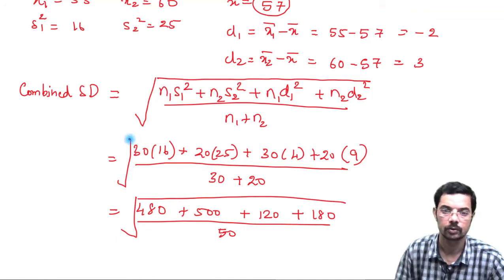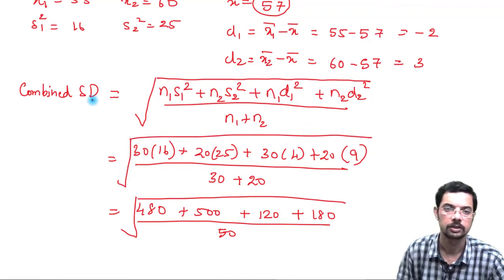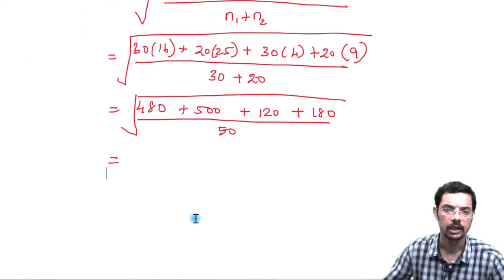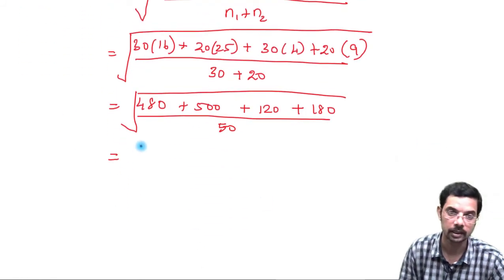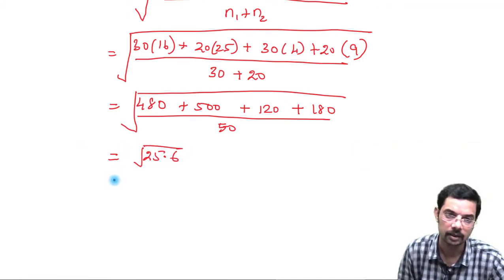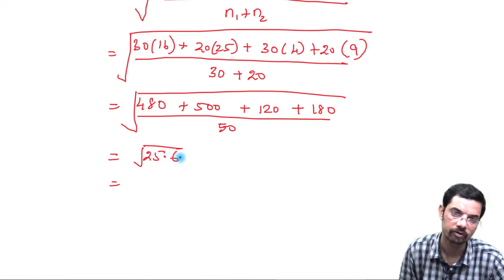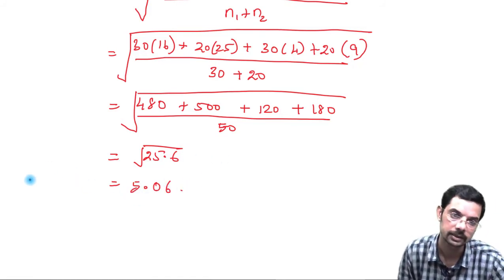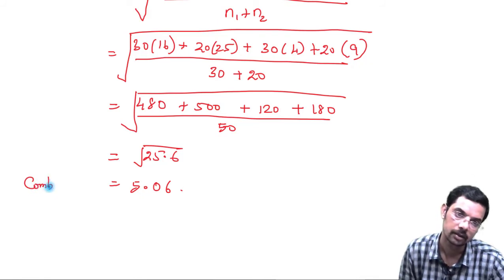We need to put the square root everywhere, so it is better to have the square here and then put the square root later on for simplification. When you do the calculations, this is 25.6. And the square root of 25.6 in the calculator is 5.06.